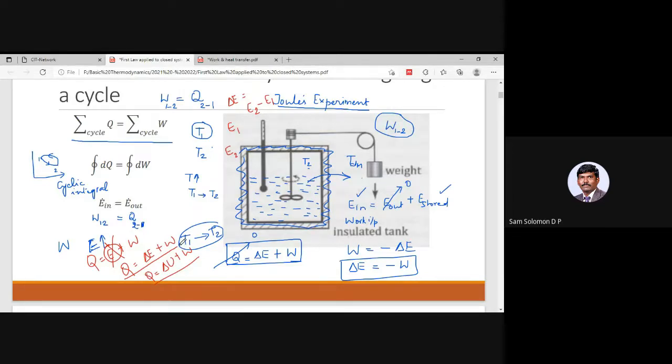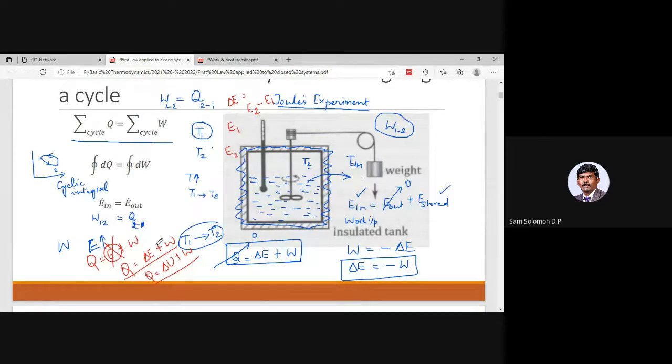But we are able to measure the change in energy. So you should always be very clear about this delta. Don't miss this delta. If you miss this delta, then what you're writing is wrong. So in thermodynamics, we will always be talking about delta E, delta U. In none of the equations you will find E.